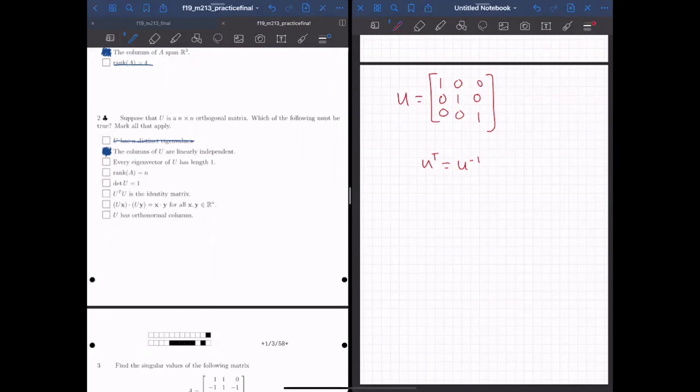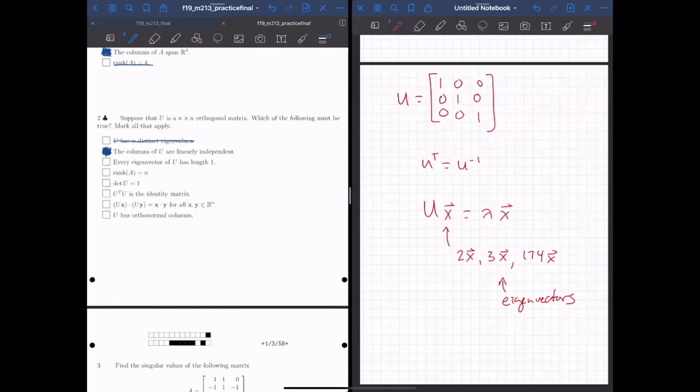Every eigenvector of U has length equal to 1. Is every eigenvector of U going to be a unit vector? It's kind of a trick question, because when we're doing orthogonal diagonalization, we make sure everything is a unit vector. But if I have a vector x, suppose it's an eigenvector, then any scalar multiple, like 2 times x or 3 times x, or 174 times x, is also an eigenvector, for the same eigenvalue.